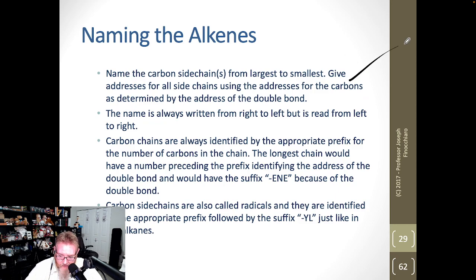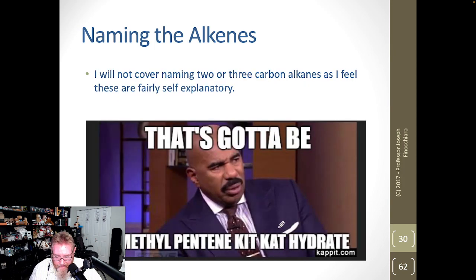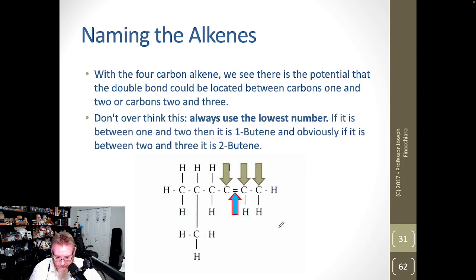We've already talked about side chains. Nothing changes with how we write it versus how we say it. We are always identifying by the number of carbons in the chains because that's the number that matters. And side chains all get YLs. So, let's take a look at this one right here.